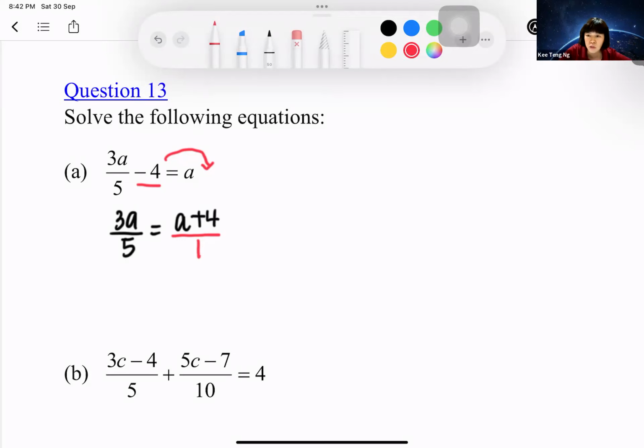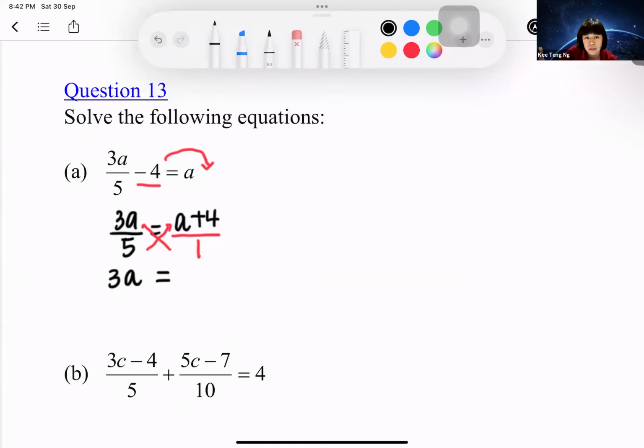Then I'm going to do cross multiplication. When we do cross multiplication, the equal sign stays in the middle. Then we cross and multiply the denominators over. So 1 times 3a still gives me 3a. But this one will be 5 times a plus 4.